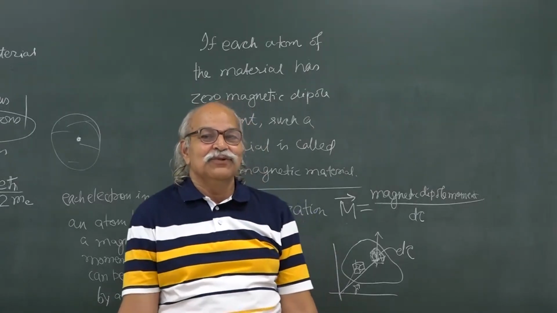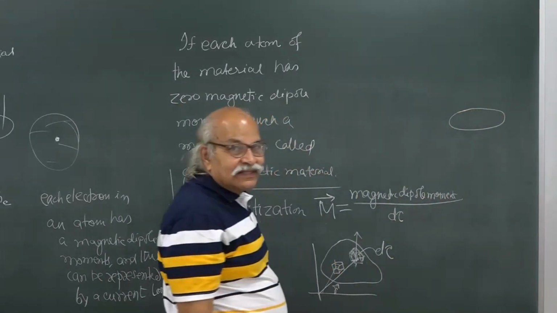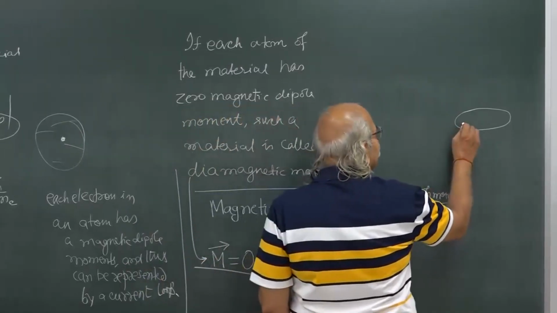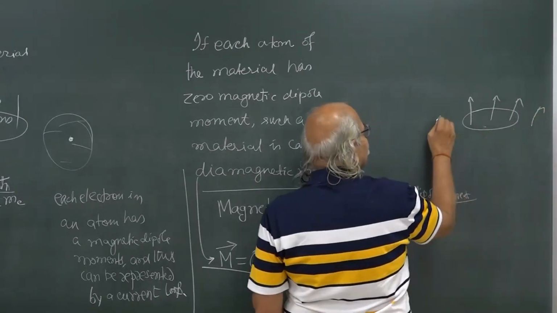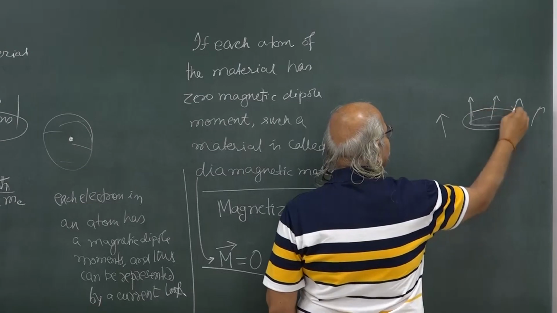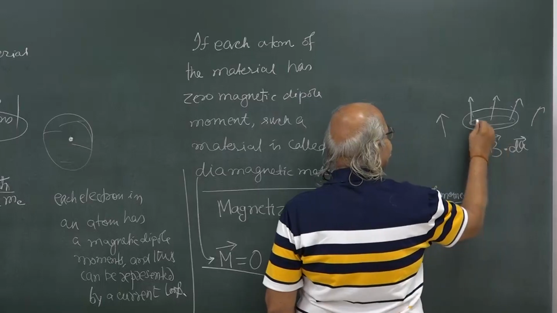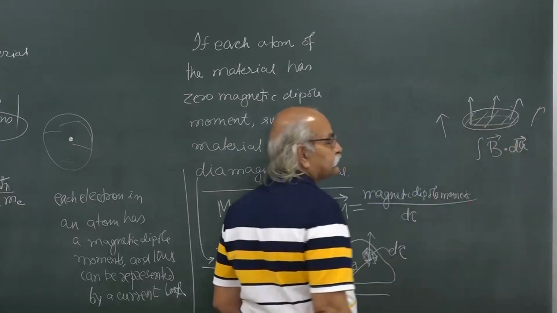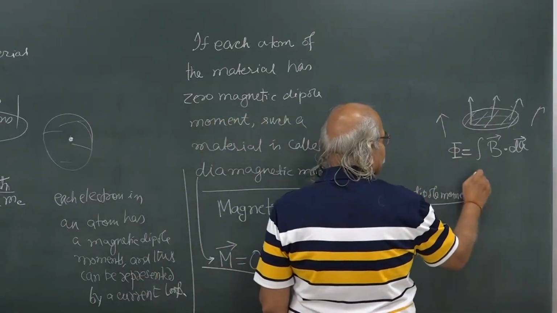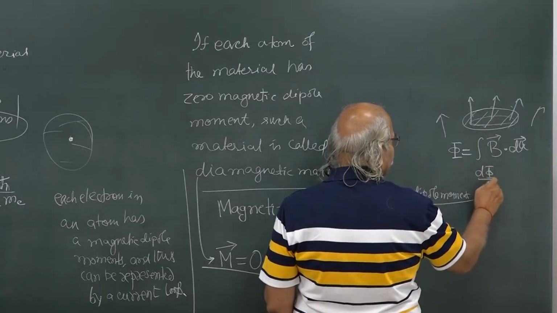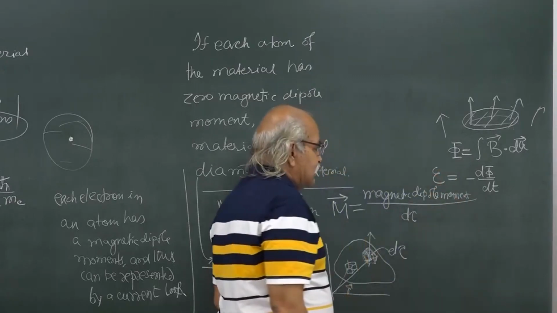But then you know that if there is a loop, and then the magnetic field is increased, some magnetic field is going through this, and you define the flux of this magnetic field on the area bounded by the loop, and if this flux changes with time, then minus d phi dt is known as the EMF produced.